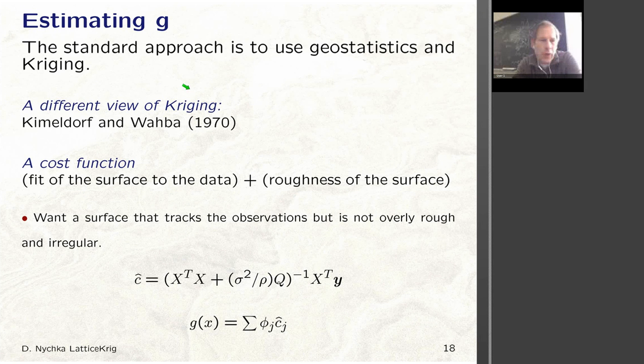So the way someone thinking about splines would formulate this problem is I need to come up with a cost function that represents the fit of my model. In this case, my model is this sum of basis functions times coefficients, the fit of my model to my data, and then I also want to penalize the surface I'm trying to estimate in terms of roughness.